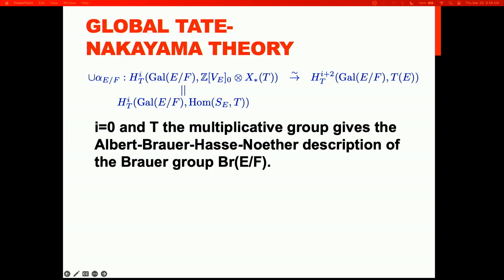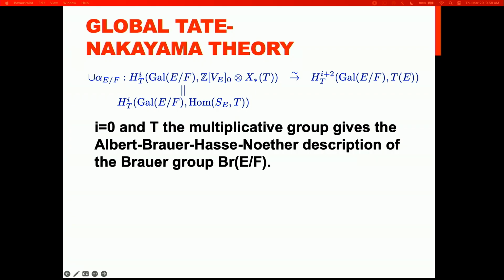Well, the cup product goes to H^(i+2) of the E points of T, and they prove that this map is again an isomorphism. And these homomorphisms can be rewritten as a tensor product of the cocharacters of T times the characters of S_E, if you like.